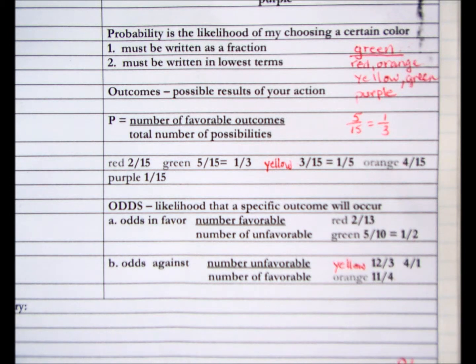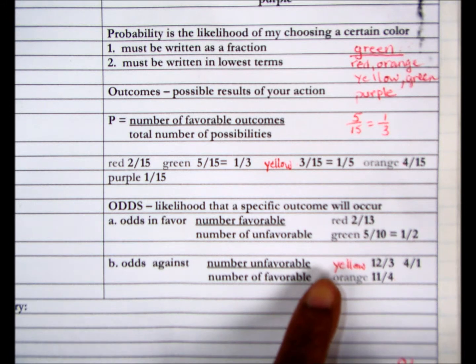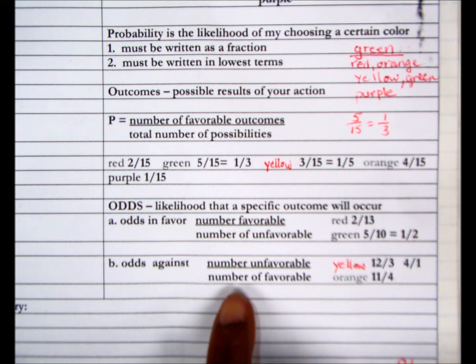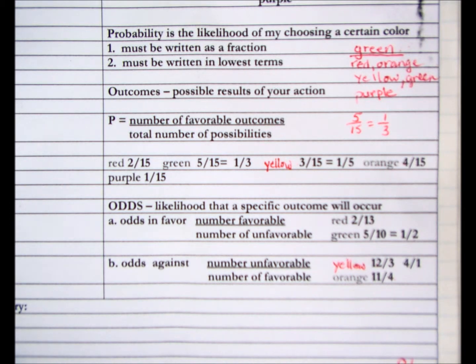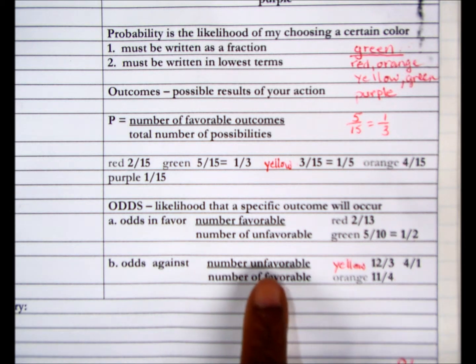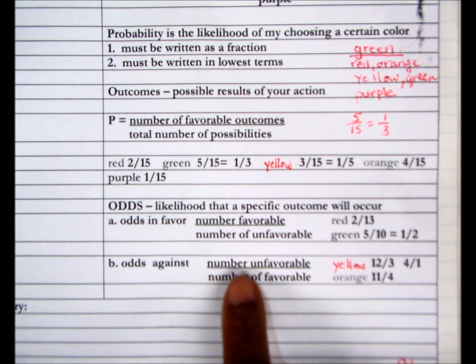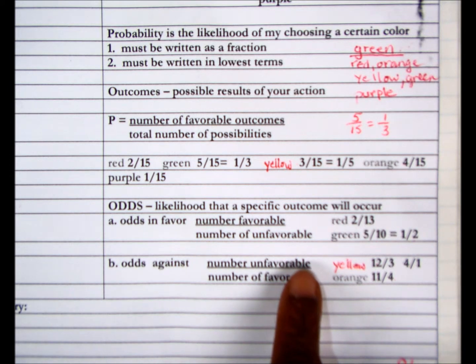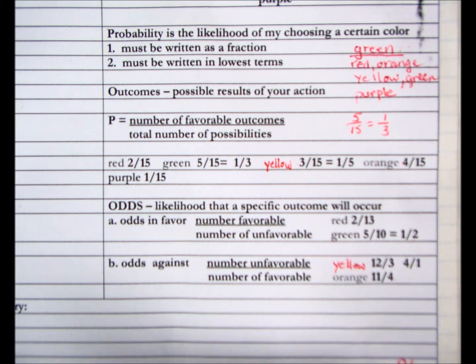But we also do odds against things. So that's the number of unfavorables, things that we don't want, versus the number of favorables. So if what I really wanted was not to get a yellow, then the number of unfavorables would be 12, because there's only 3 yellows.